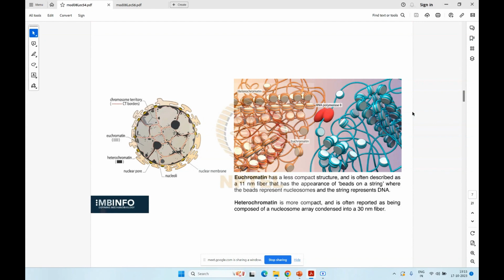So the genes that need to be expressed very frequently would be present in the euchromatin region of the nucleus, and not in the heterochromatin region. The genes in the heterochromatin regions are usually silenced.